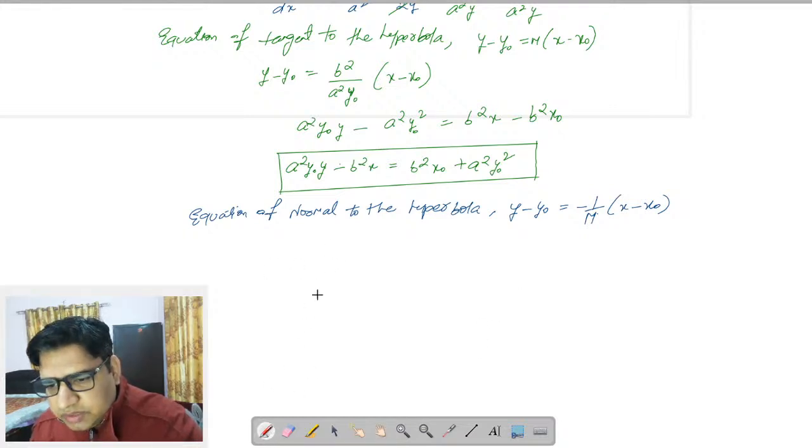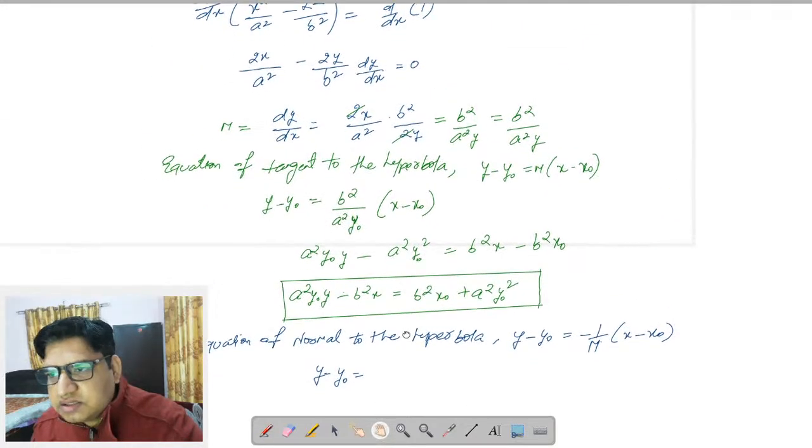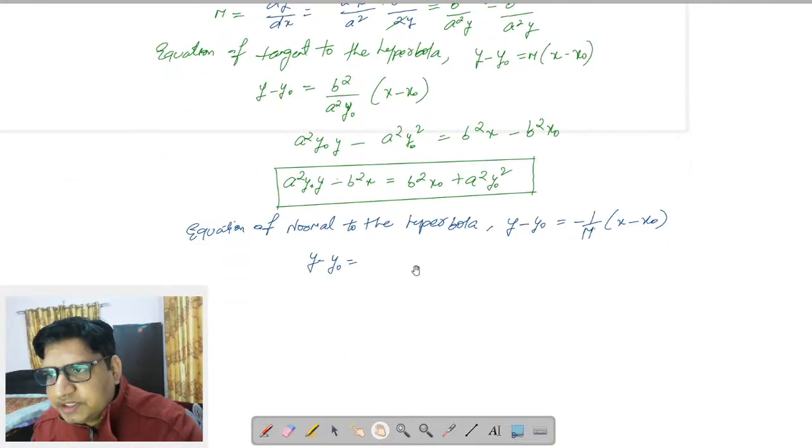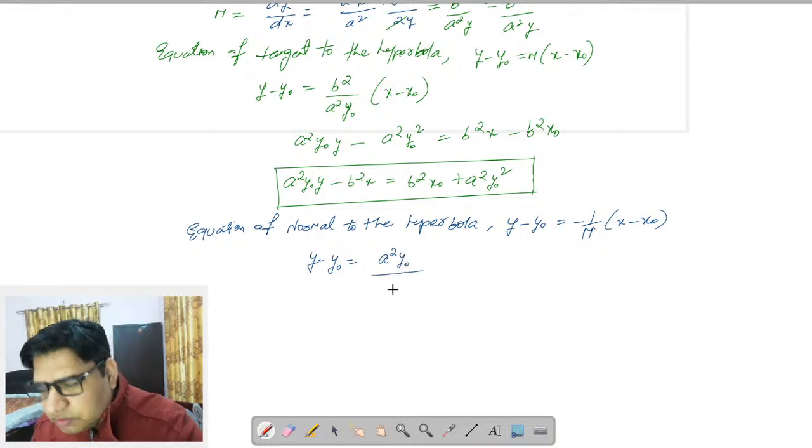As we know, m is b square x naught upon a square y naught, so minus 1 upon m will be minus a square y naught upon b square x naught, and here it will be x minus x naught.